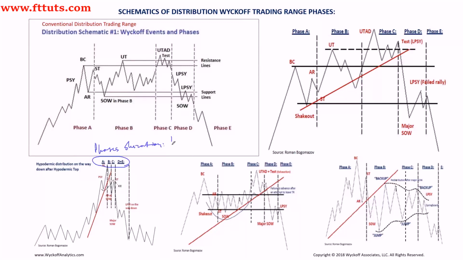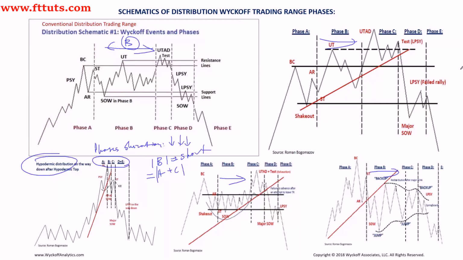So our phase B is going to be short, and it's going to be in line with phase A and phase C. Usually we would like to see phase B as one of the biggest phases, right? Look at all of the schematics. Phase B is quite substantial. But in the case of the hypodermic distribution, there's going to be a collapse in the duration of the phases.